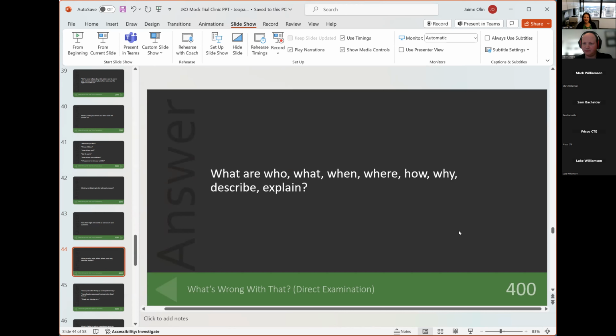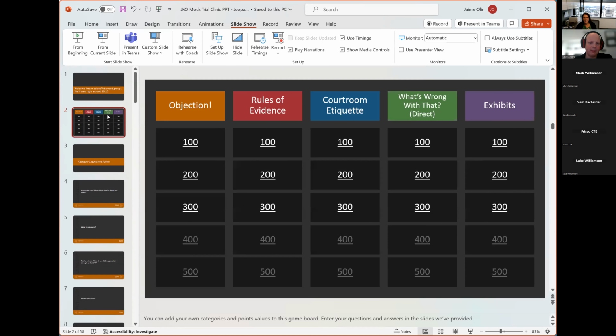And those words can also be really effective in getting what you want. In case you have a question that is a little bit more open-ended on direct, and you just want to get the witness to talk a little bit about the situation, then describe or explain are also really good options. Okay, Frisco CTE, please pick the next clue.